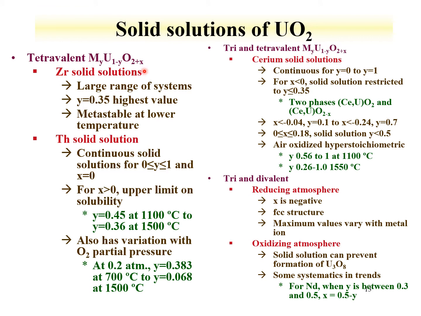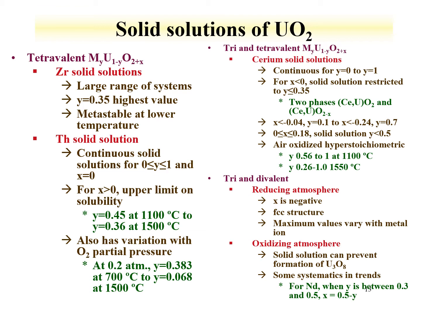And here's an example of compounds that make solid solutions with UO2. Zirconium, for instance, makes a solid solution up to a certain level of zirconium, after which, when more zirconium is added, it forms a separate phase. This is due to the fact that zirconium has a much smaller ionic radius, so when you start adding enough in, it no longer fits comfortably into the uranium dioxide lattice and forms its own phase.